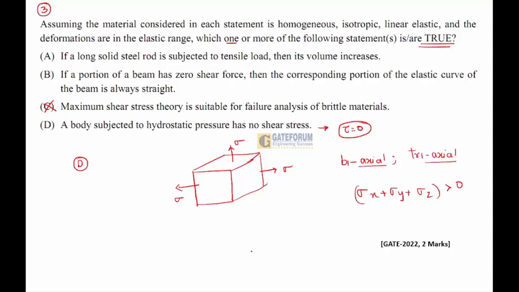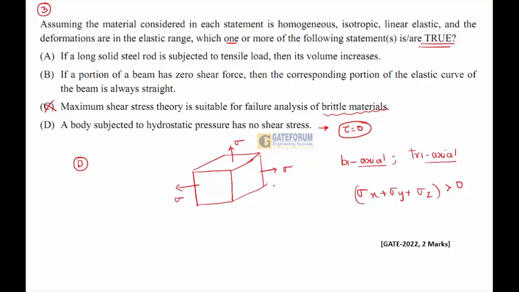And the most suitable theory of failure for brittle materials is the maximum principal stress theory, not the maximum shear stress theory. The most suitable theory of failure for ductile material will be the distortion energy theory, and the conservative theory of failure will be the maximum shear stress theory. So obviously under axial loading condition, all theories of failure will give similar results.